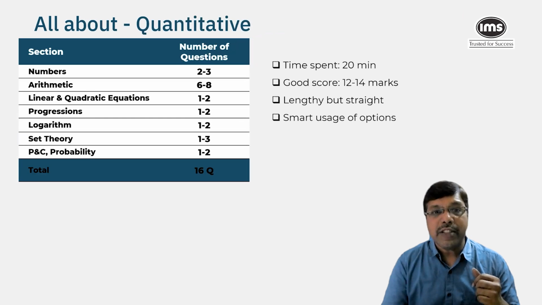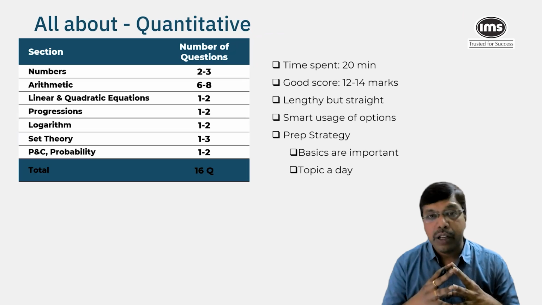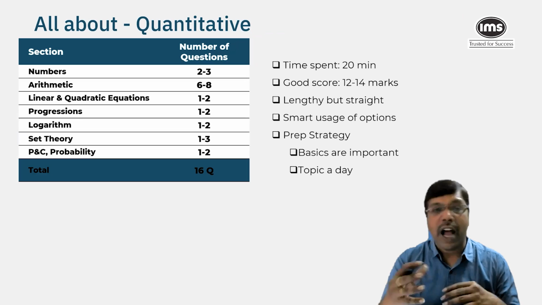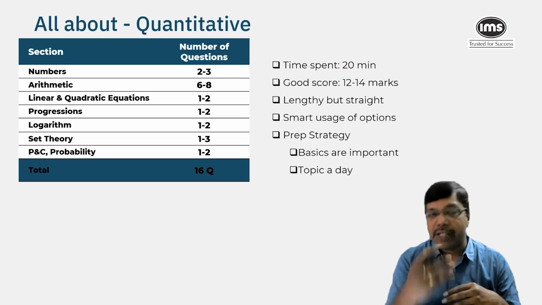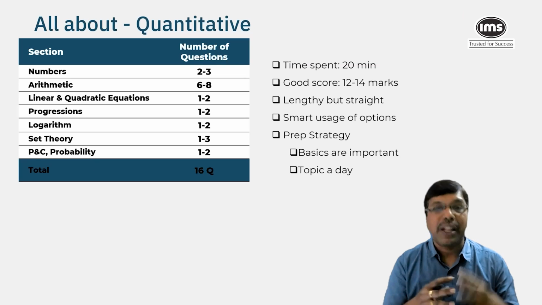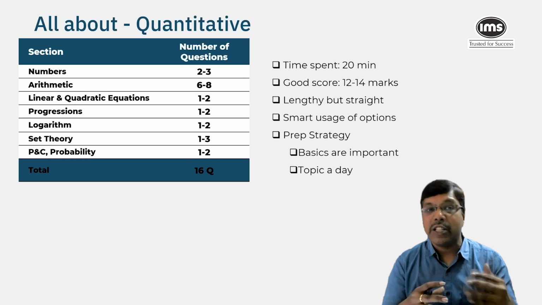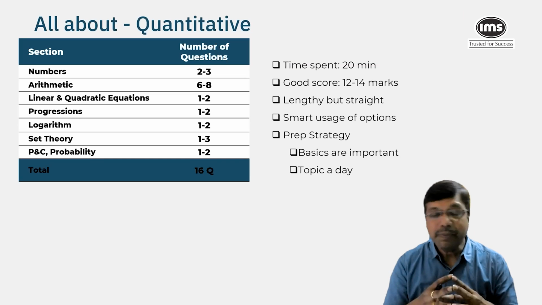Now, the quantitative section covers most of the areas, but certain highlights: generally most of the questions are asked from arithmetic, which constitutes topics like percentage, profit loss, SI CI, ratio proportion variation, averages, mixtures allegation, time, speed and distance, time and work.